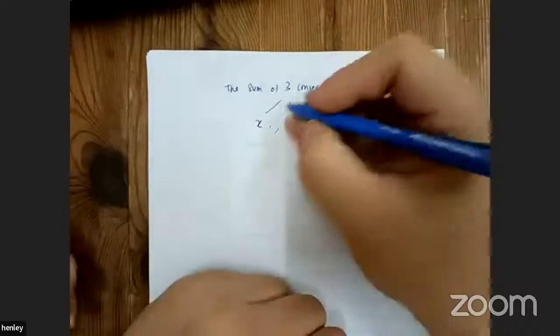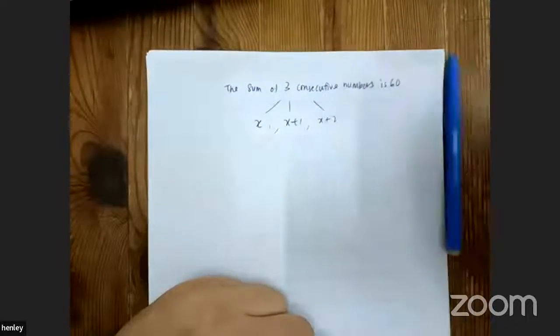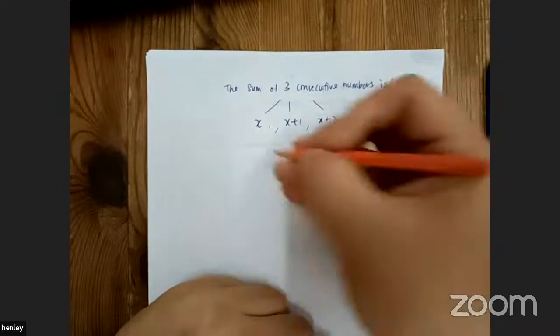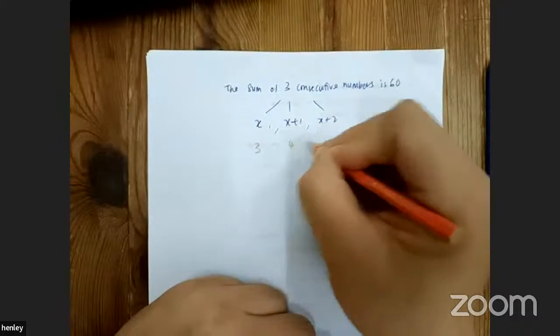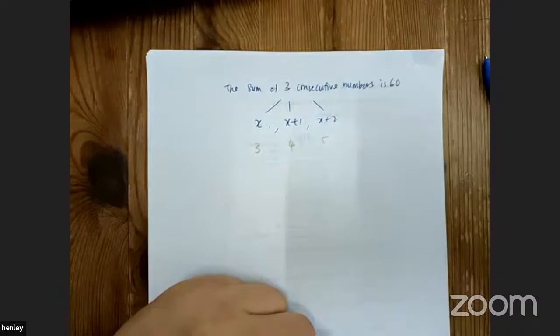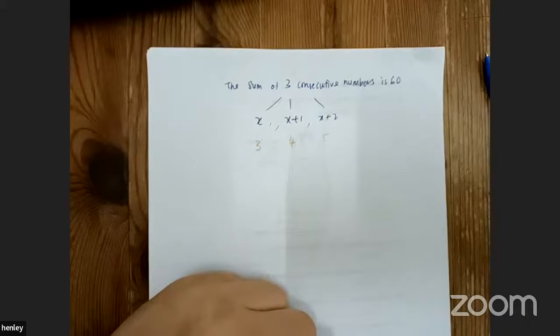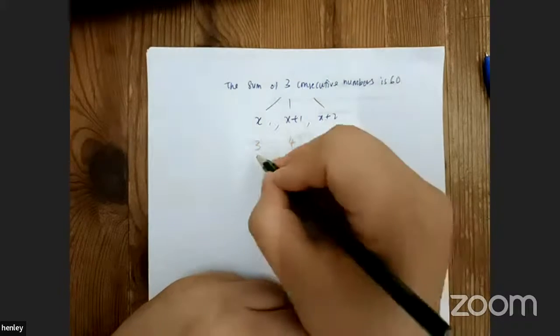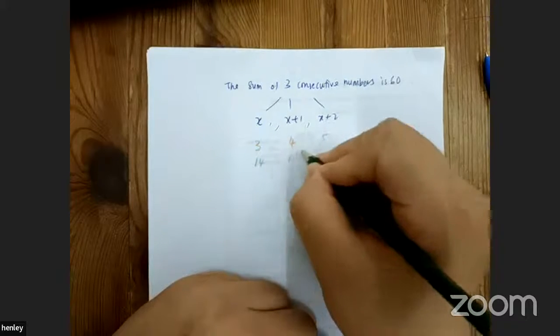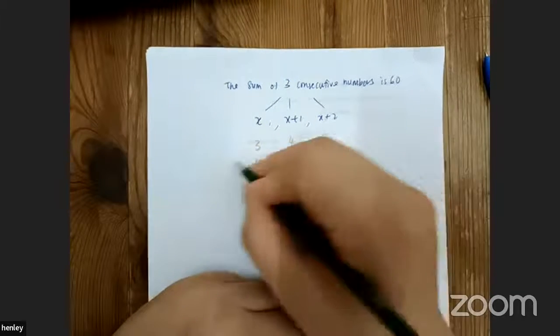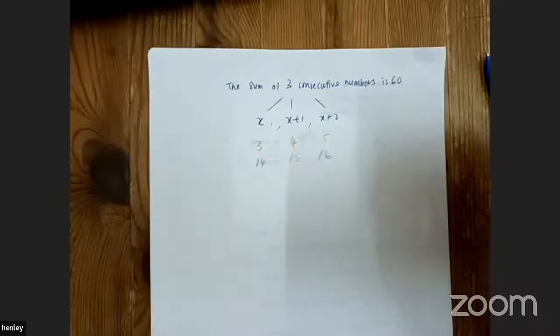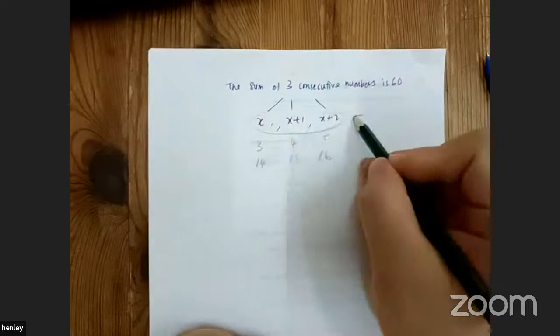For example, if this is 3, this one must be 4, and this one must be 5. If this is 14, this one is 15, and this is 16. So this is plus 1, plus 1. Now, if I add up all these 3 numbers, it is equal to 60.